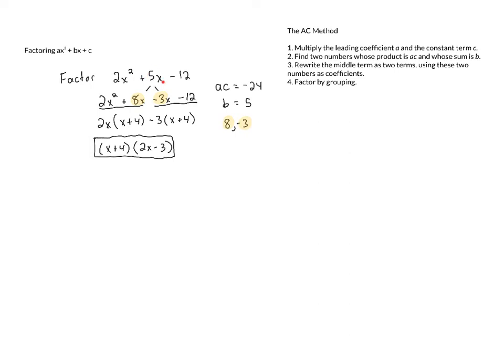We could write it as 1x plus 4x. We could write it as 7x minus 2x. There's lots of different ways. However, this process of finding this particular sum and this particular product is what allows us to split it up in the way that allows us to finish by grouping.